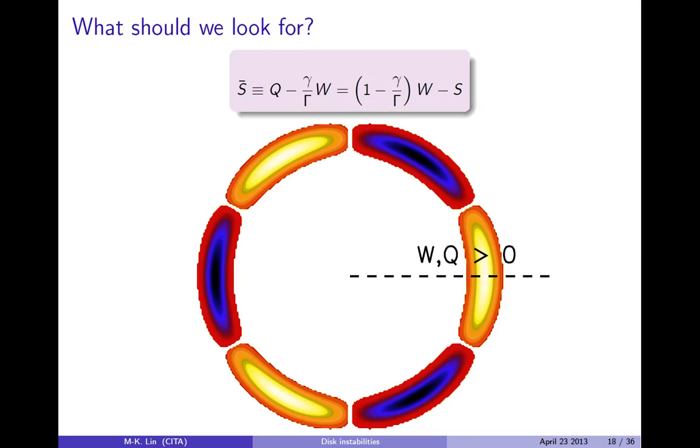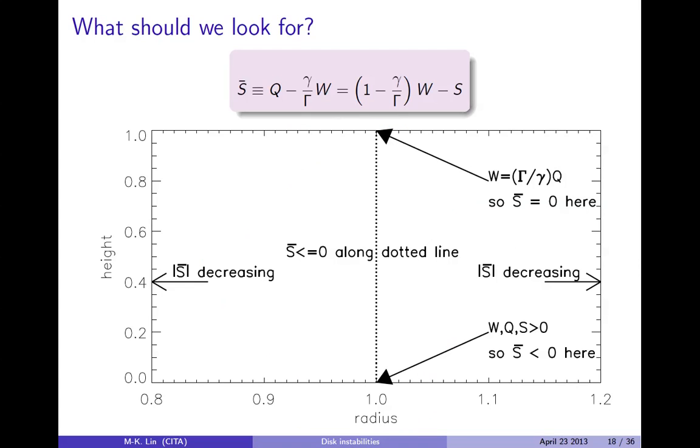So if we go into that plane, I can argue various things. This particular quantity S bar in this plane should have the following properties. I can argue that it should be negative at unit radius in the midplane. It should be 0 at the upper boundary, and therefore it's probably going to be a negative number going from unit radius in the midplane to the top, along this dotted line here.